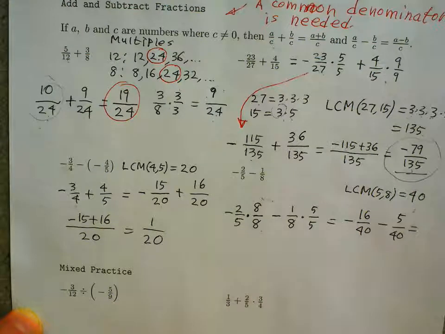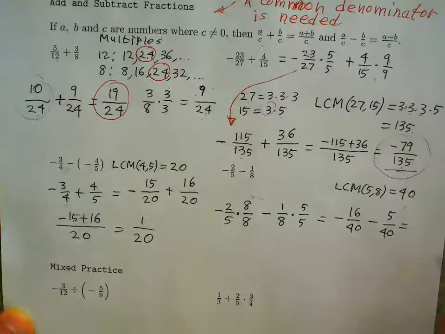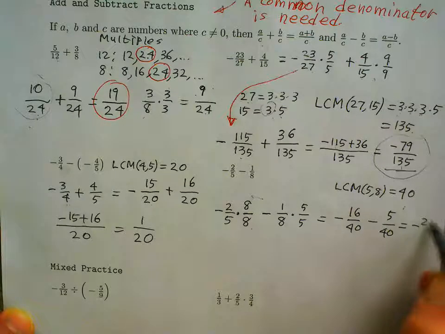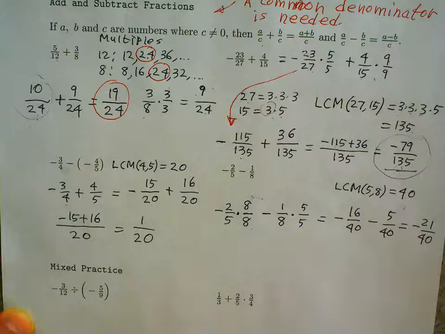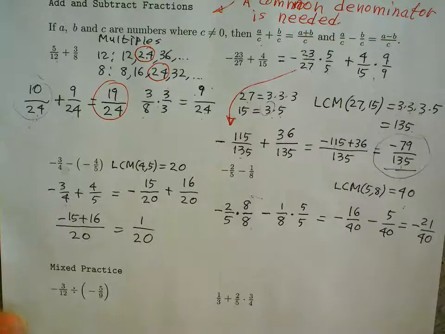And -16 over 40 minus 5 over 40 is -21 over 40. This is already in lowest terms, but always get into the habit of checking and making sure that it is in lowest terms.